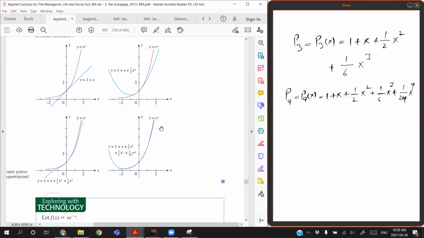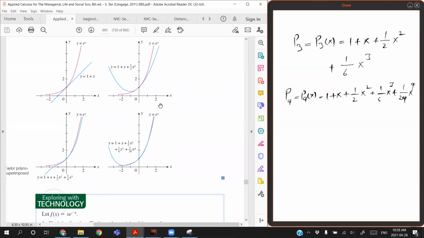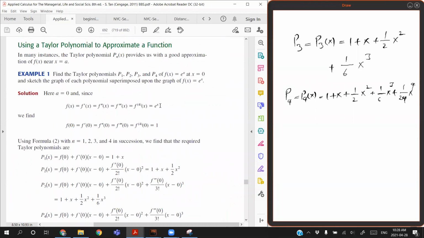That's going to take a long time. But it will use a Taylor series centered at 10 in order to approximate e to the power of 10. Make sense? Do you understand example 1?